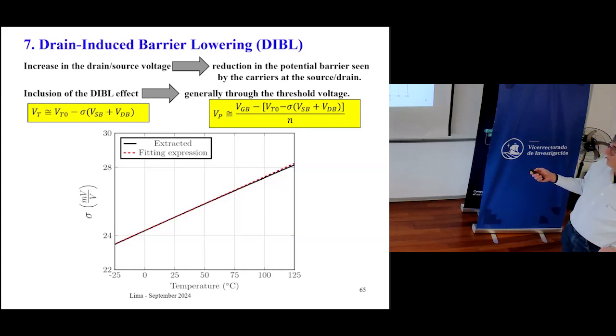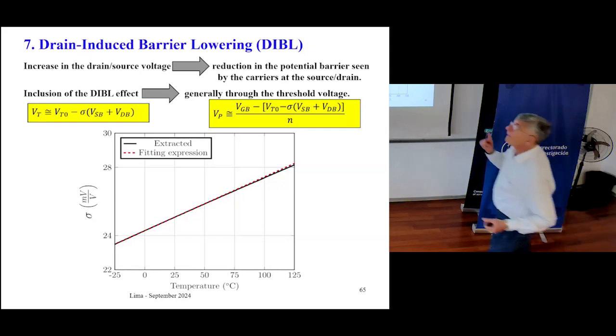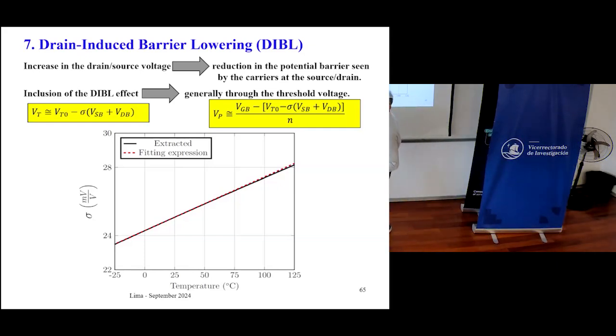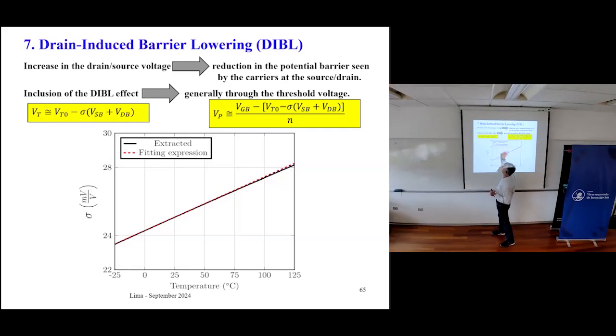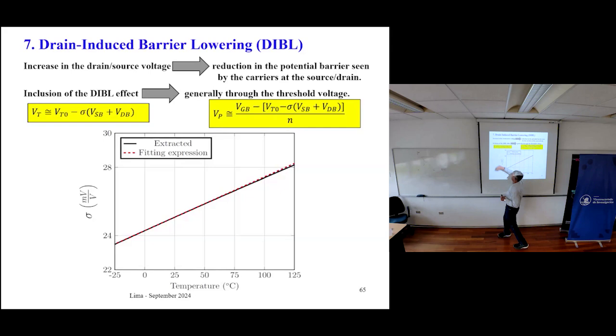Say, in this case, 25, 26 millivolts per volt. What's the meaning of this? If VSB or VDB changes 1 volt, the VT will change, say, 25 millivolts around the nominal value.